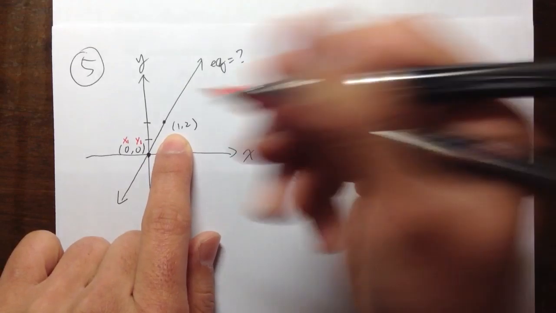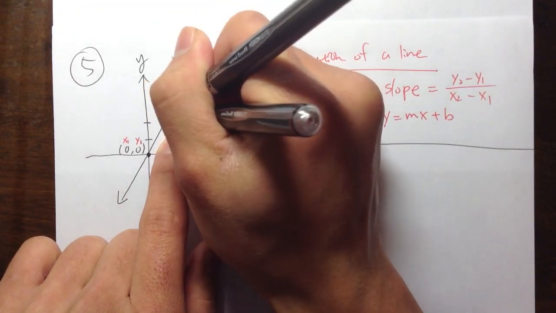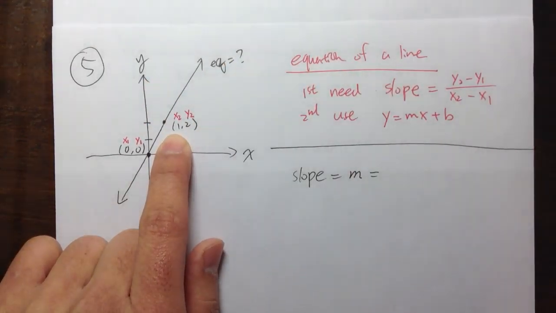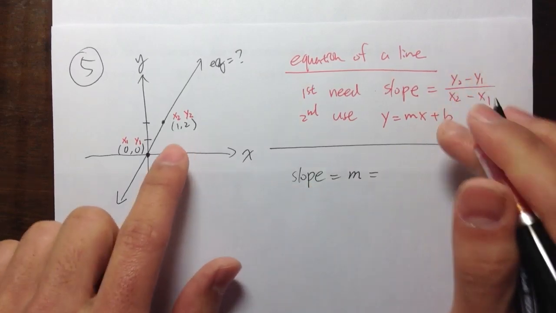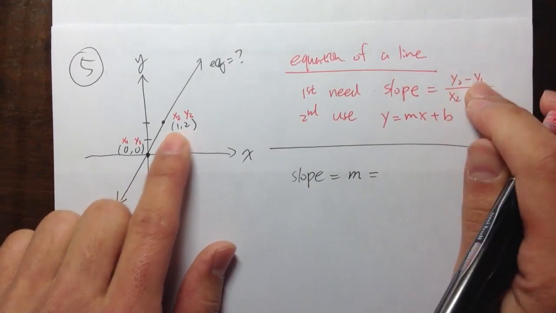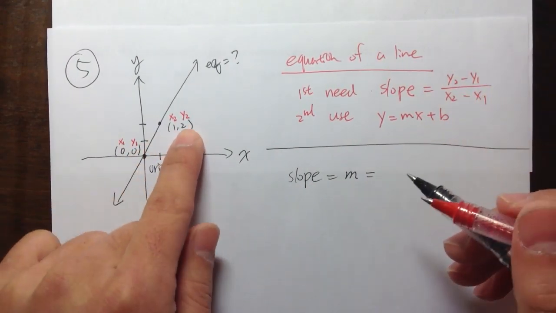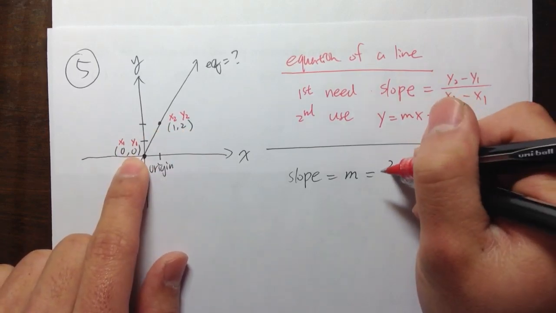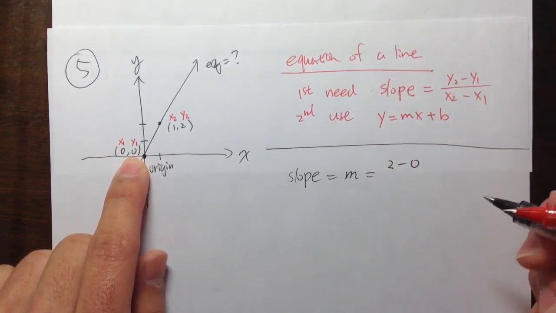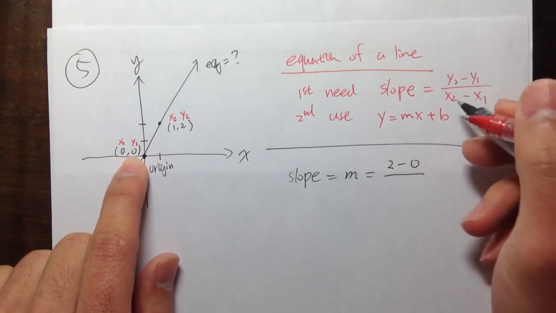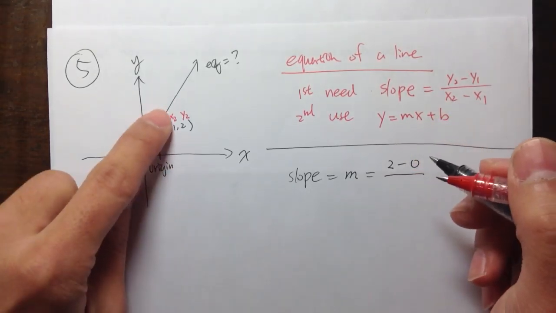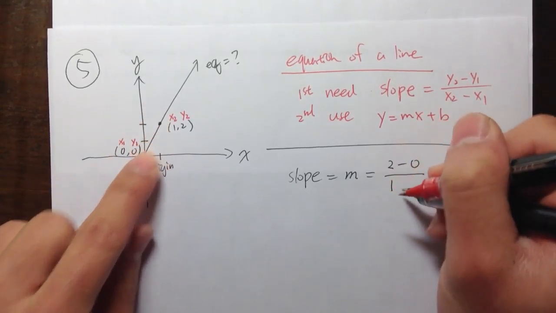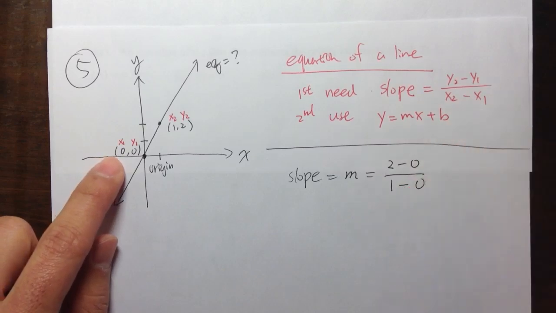And this will be my second point, (x2, y2). So to do y2 - y1, I just need to do 2 - 0 on the top, over x2 - x1. So x2 is equal to 1, minus x1, which is 0.